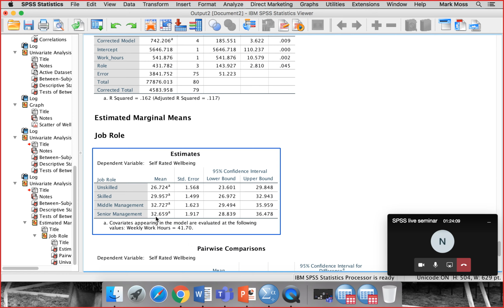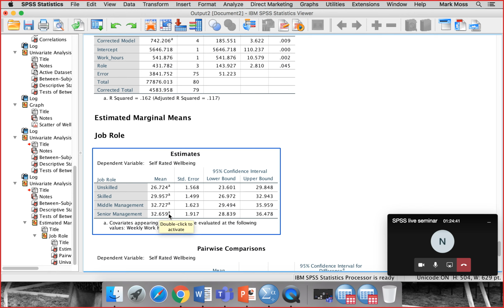Well, what it does here is it effectively takes the average number of hours worked across everybody, which in this case is 41.7. And then it says, based on the relationship between work hours and well-being, what would the mean for well-being of the four groups be if they all worked exactly the same hours?